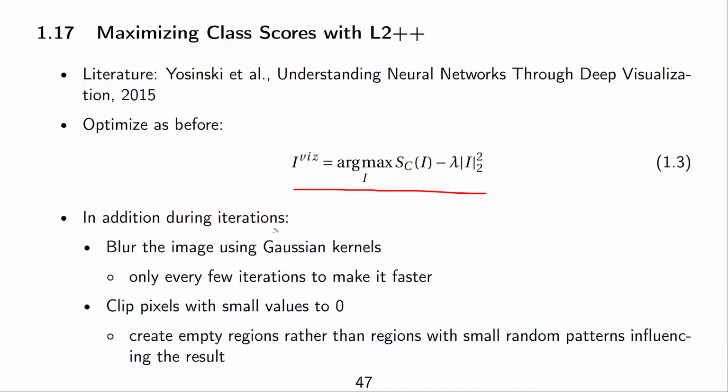So what we're going to do is somewhat implicitly add this regularizer that neighboring pixels should not be too different from each other. We do that by blurring the image using Gaussian kernels, and we're only going to do that every few iterations to make it faster.